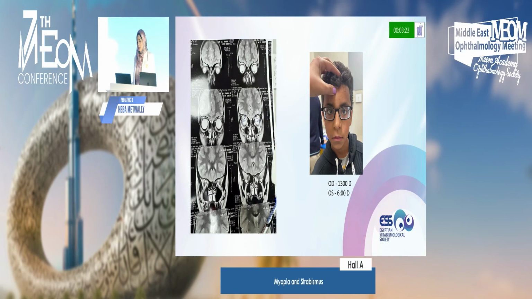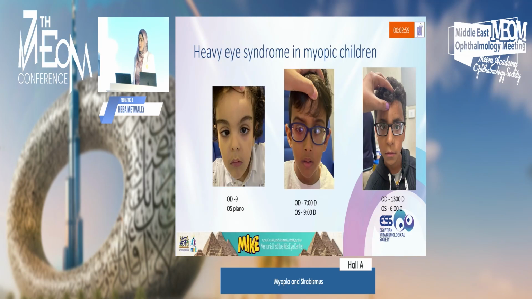The third patient had myopia with anisometropia in the right eye, and this time I had learned the lesson quite well, and I requested an MRI just to make sure. I found that he had the same shift, and the patient was diagnosed with myopia with heavy eye syndrome, and I performed the Yokoyama for him.